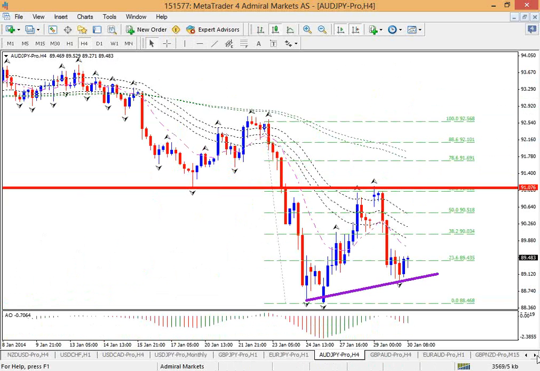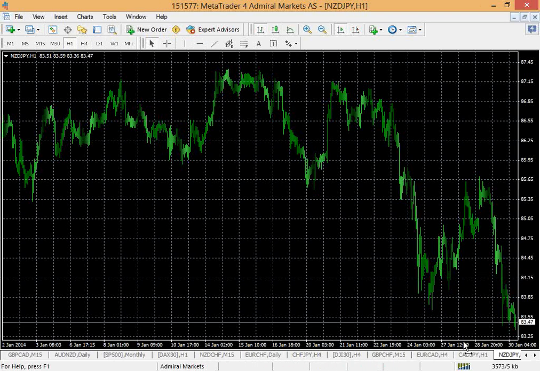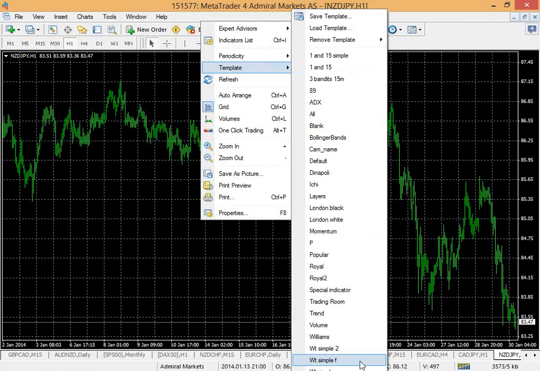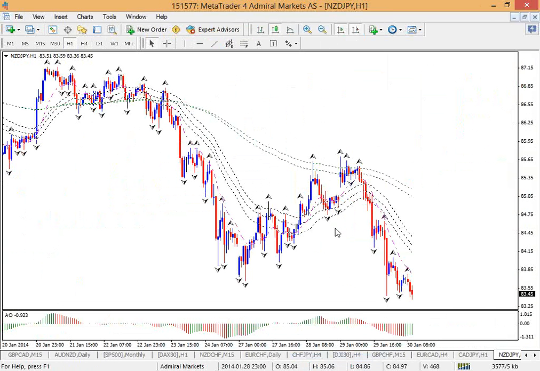Let's take a look at the New Zealand yen. New Zealand is indeed strong relative to the others. So if there's anything good to short, then it's New Zealand indeed. That's very true. It depends on how much this yen weakness really kicks in.